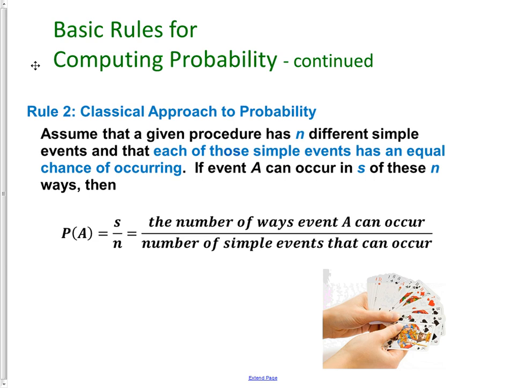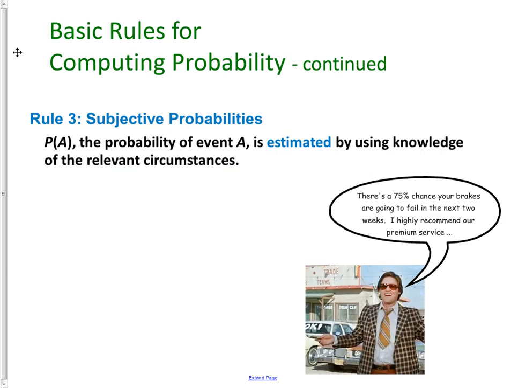That was an example of the classical approach to probability. Those are the 2 major ways of getting a probability. A third is called subjective probability, where the probability of an event A is found by using knowledge of the relevant circumstances, based on experience. When weather is predicted, for example, that's an example of using a subjective probability.